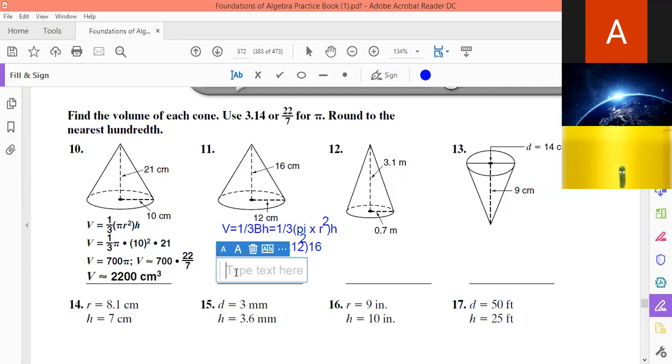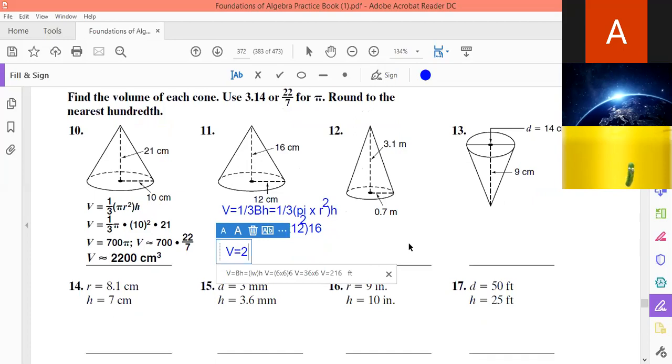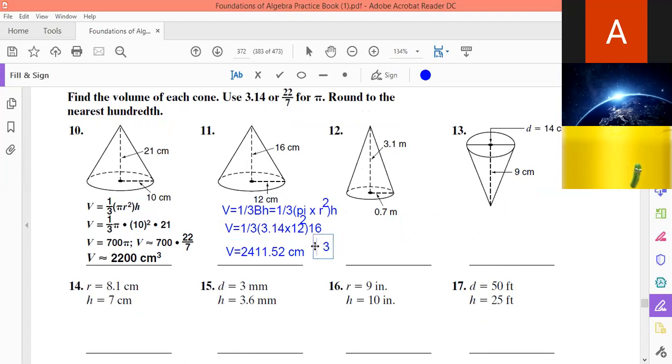The answer will be 2411.52. Yes, very good. This is the correct answer. V equals 2411.52 centimeters, and then volume is cubed. This is the answer.